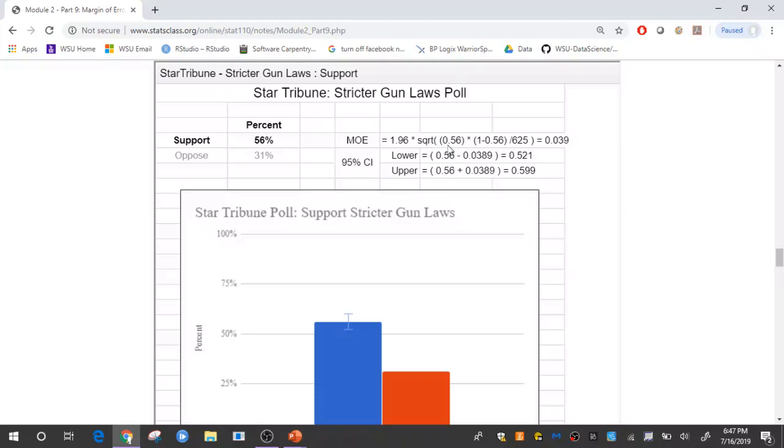Okay, so I need the square root of 0.56 times 1 minus 0.56, all divided by 625. You got to make sure you got all the parentheses in there that you need. Otherwise, it won't calculate it correctly. And when you do that, we get 0.039. We can use that then in these formulas here to obtain the lower and upper confidence intervals. So there's that 52.1% and the 59.9%.